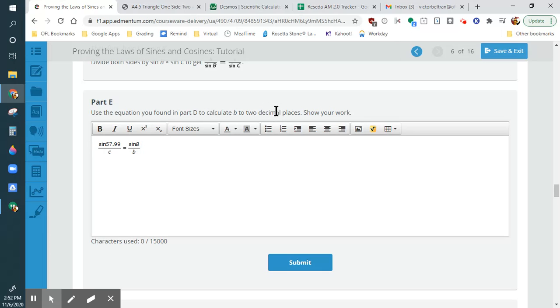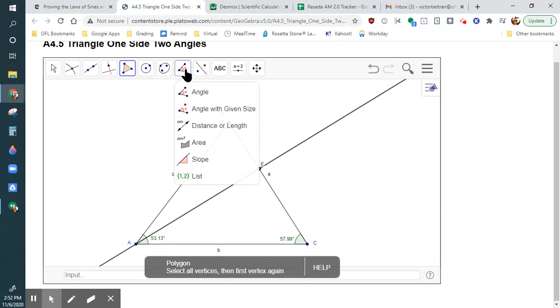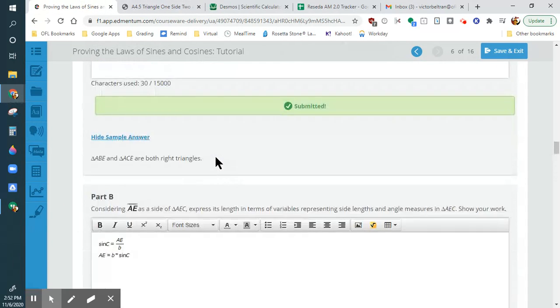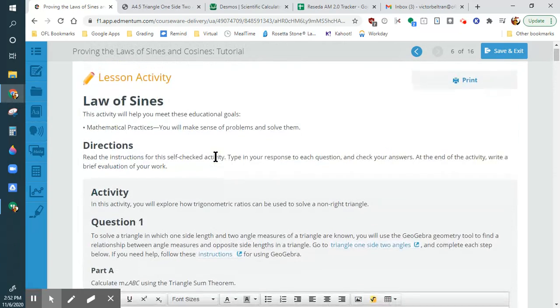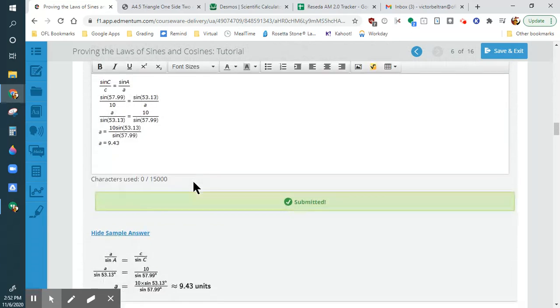Calculate B to two decimal places. It's interesting because they didn't tell us to solve for angle B, but obviously we do need it. So I'm going to grab that here. Oh wait, we did solve for it. Duh. We solved for it way back when. 68.88.